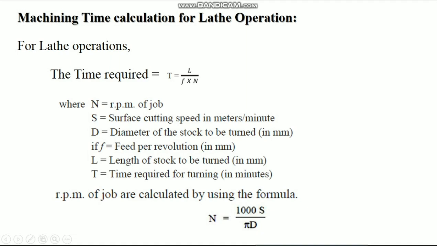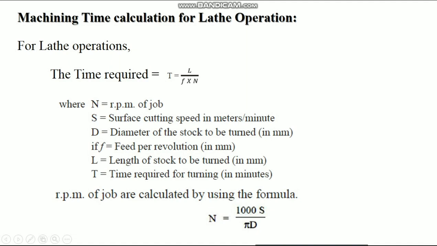In lathe operation, almost always the job will be in rotation. So we want the RPM of the job, N. Then S is the surface cutting speed in meters per minute. D is the diameter of stock to be turned.